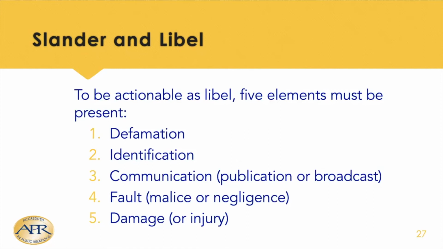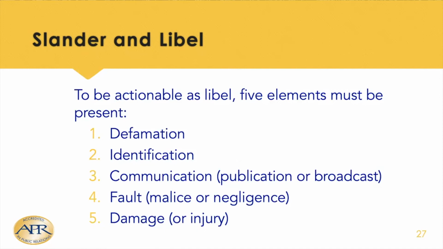And then you look at this whole idea of fault, and that's that burden of proof. If it was a public figure, was it actual malice? Was it intentional, that whoever said this or wrote this deliberately did it to harm this individual? Or was it really just negligence, where a reasonable person would say, they didn't really mean to do it, but it happened. All right, and that's for private citizens.